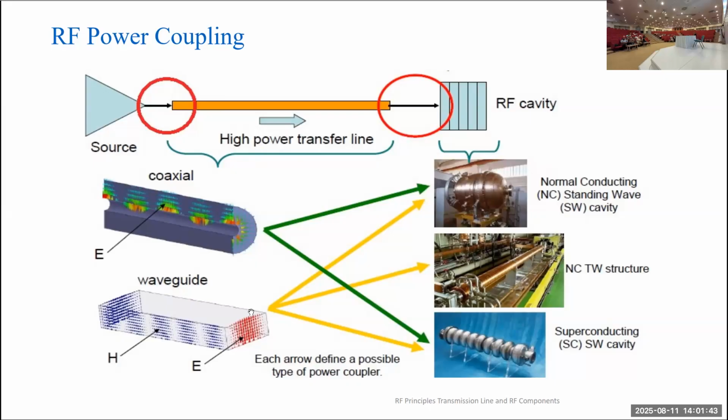First of all, we can couple it through a coaxial cable, and then we can also couple it by a waveguide. For low power, we use coaxial cables because they are cheaper and handling is easy. But for high power, we use waveguides.